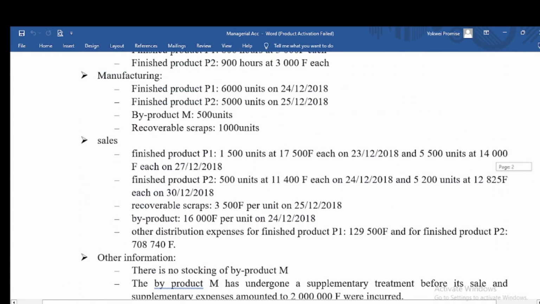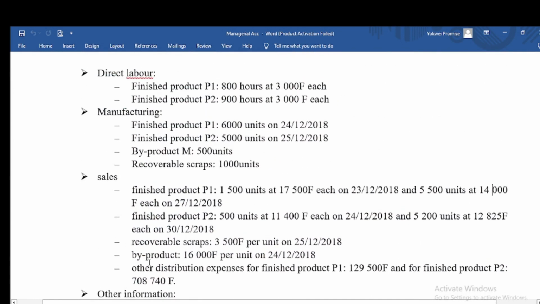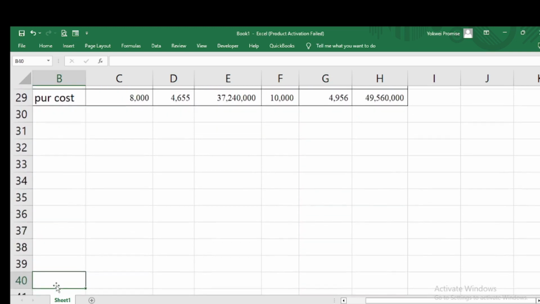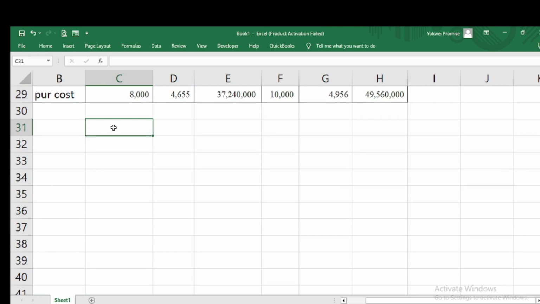All right. So looking at our question, they say the cost of each byproduct is 16,000 francs, and how many byproducts are there? 500 units of byproduct. Okay, so let's continue.